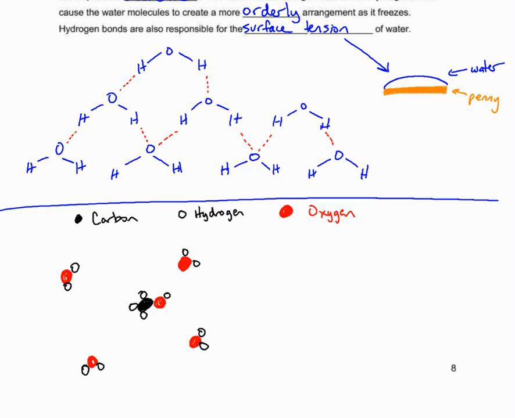You want to draw a line to represent a hydrogen bond. And interestingly, with AP, you only have to draw one. There's a potential for quite a few hydrogen bonds in this picture, but you only have to draw one. And it's going to be between a hydrogen and a highly electronegative atom. So it could be from here to here. There's a hydrogen and a highly electronegative atom.